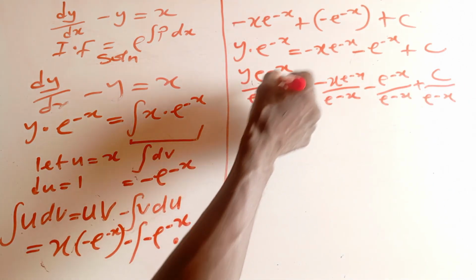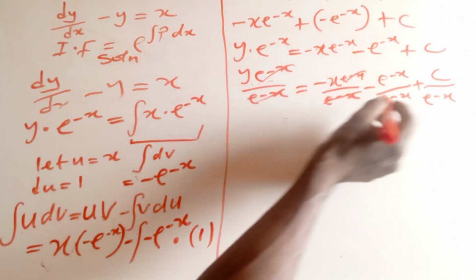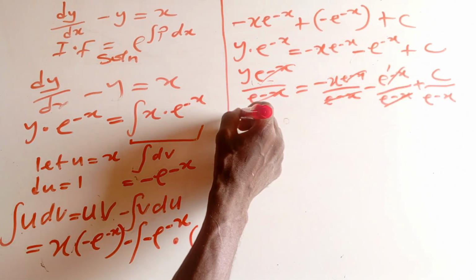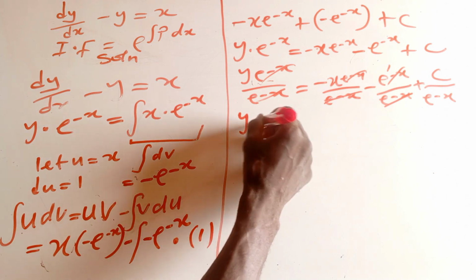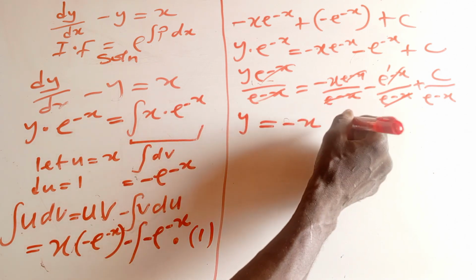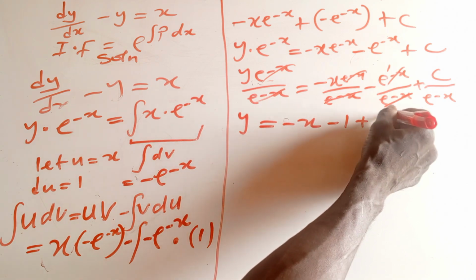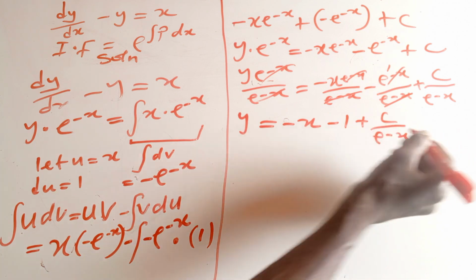Then this cancels this, also this cancels this, remaining minus x. Here the cancellation gives 1. Here we have y is equals to minus x minus 1 plus c all over exponential minus x.